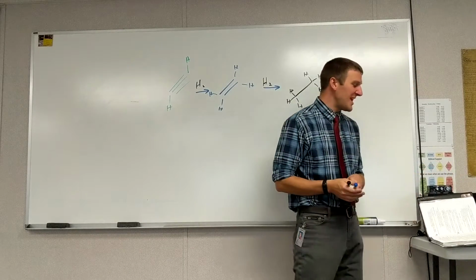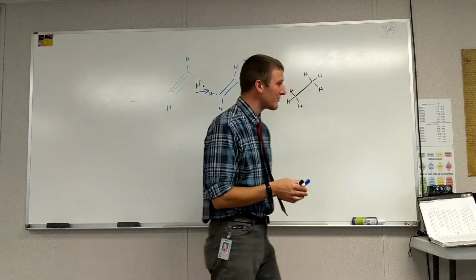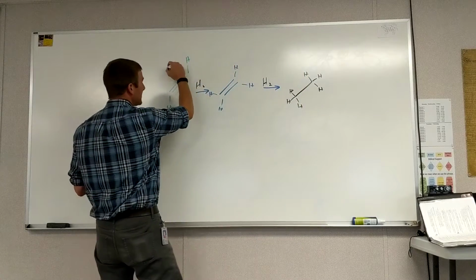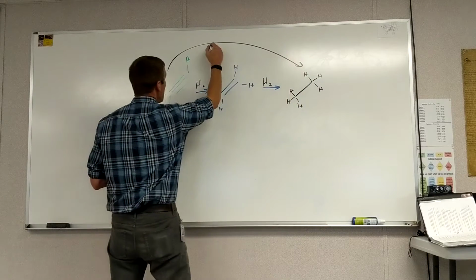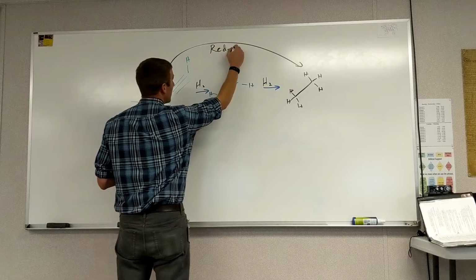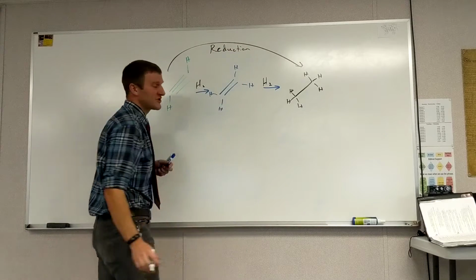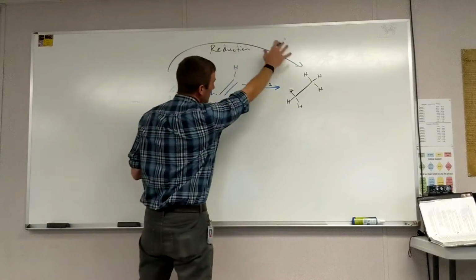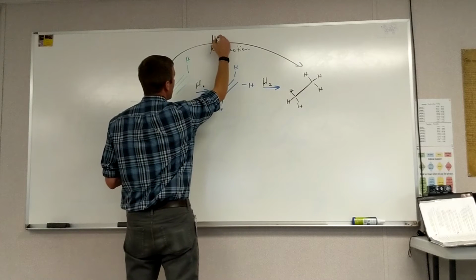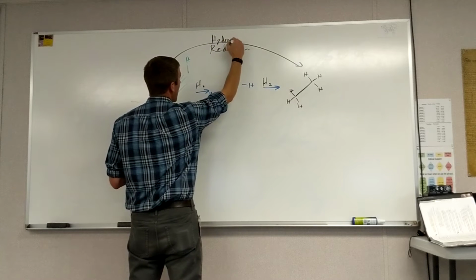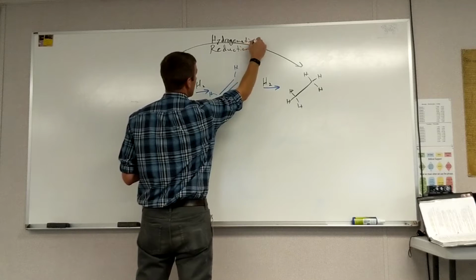18. Dehydrogenation is therefore an oxidation reaction. So as I run it this way, that is a reduction reaction. As I run it this way, it is also a hydrogenation reaction.